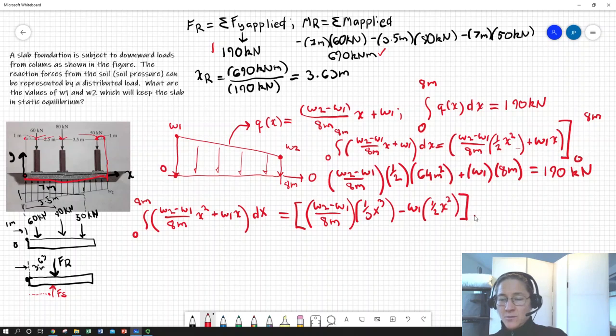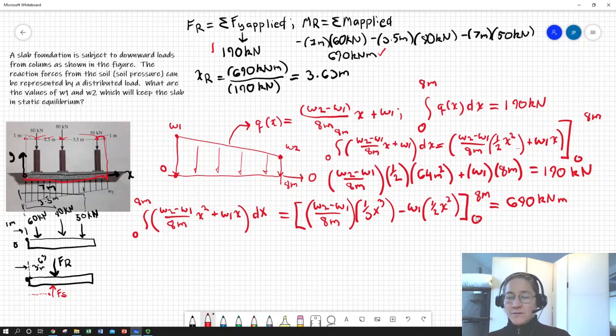And that's all going to be evaluated between my limits of x equals 0 at one end of the slab and 8 meters at the other end of the slab. And that all has to equal 690 kilonewton meters. And the nice thing is we went from kilonewtons to kilonewton meters, and we picked up another length term, which is great. So that would indicate our units are matching.